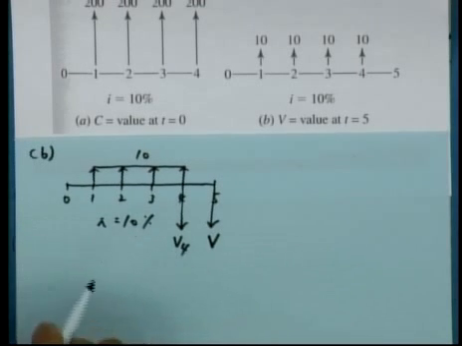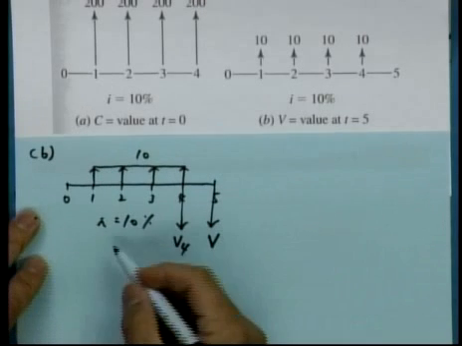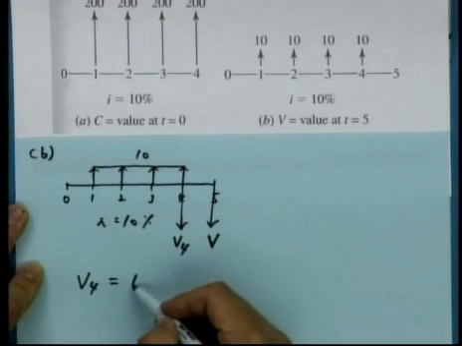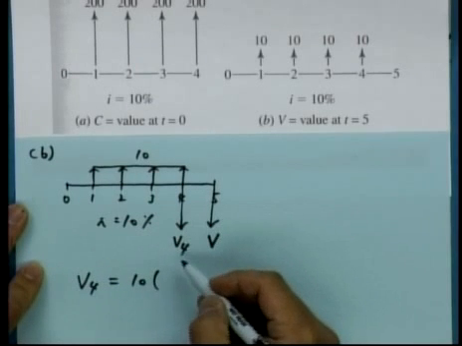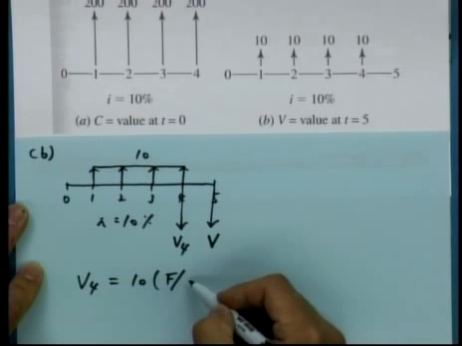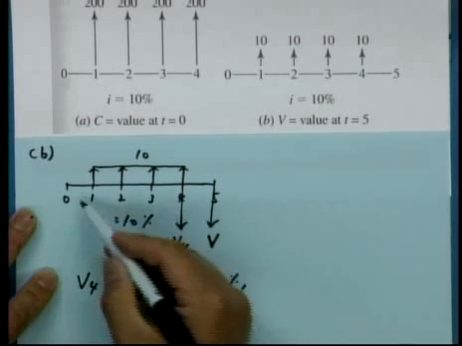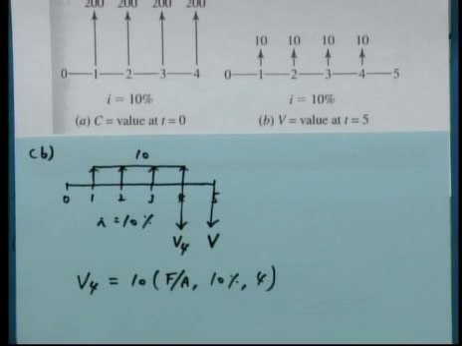So here, first, V sub 4 would be 10 times F given A and 10% over 4 periods.